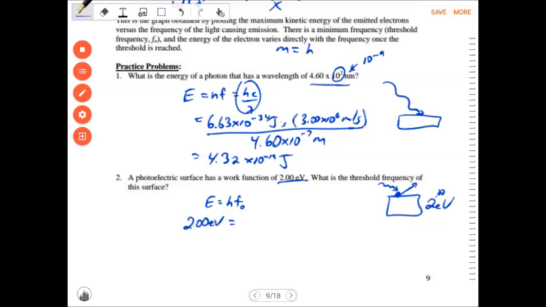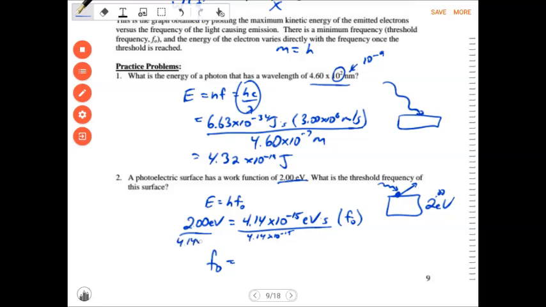Now remember, the h value is given in both joules and electron volts. So if we have 2 electron volts, we can use the electron volts for h. So that's 4.14 times 10 to the negative 15 electron volt seconds, times f0. So we just divide. So f0, divide by 4.14.